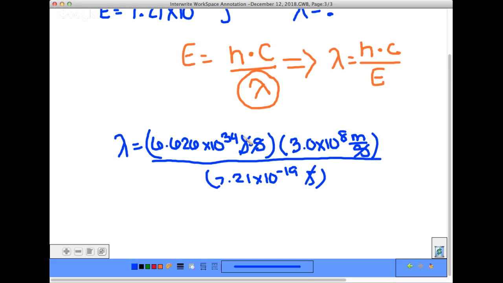This is going to be a huge number. Someone maybe check my math, since I don't have the answers in front of me. Our original had 3, so 2.76 times 10 to the 61st meters.